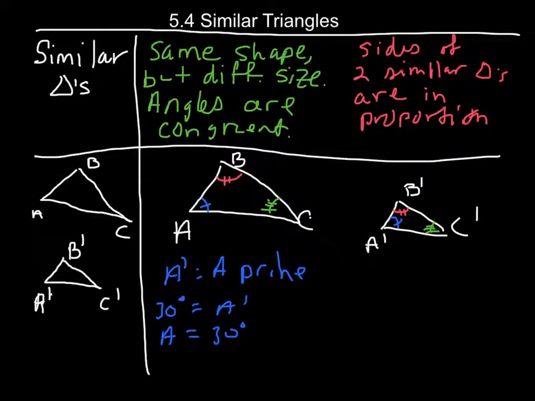The measurement of angle A equals 30 degrees. If the angle of B equals 70 degrees, then B prime equals 70 degrees. So these two angles are the same, and if they're similar, we can use some things for them. Let's take a look at the next slide.